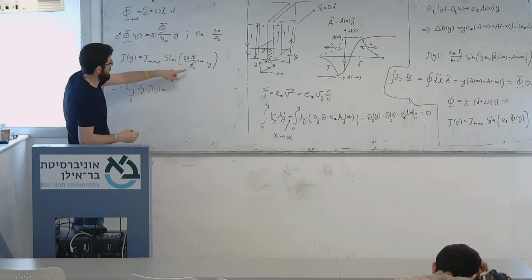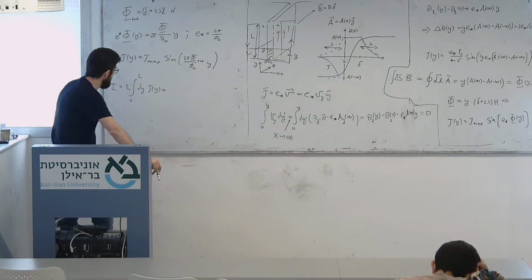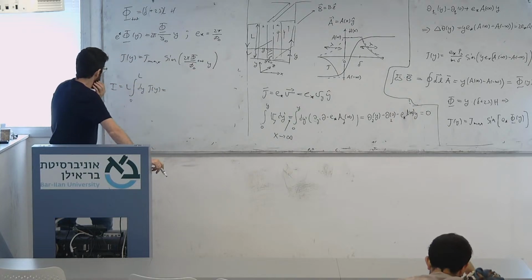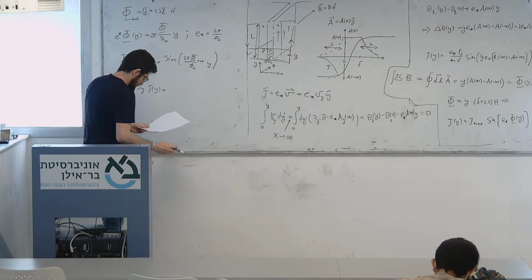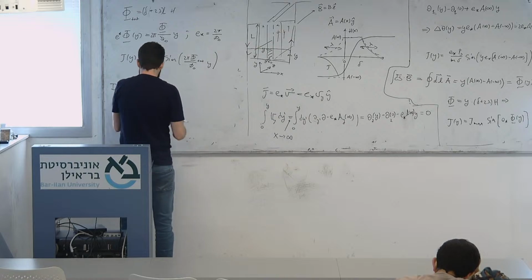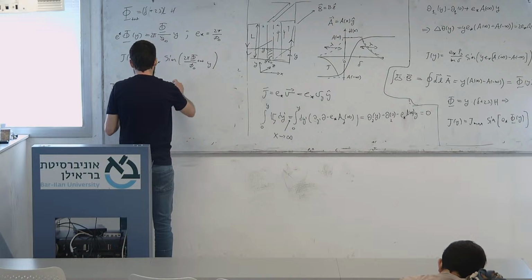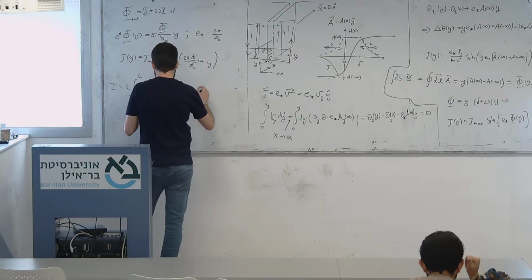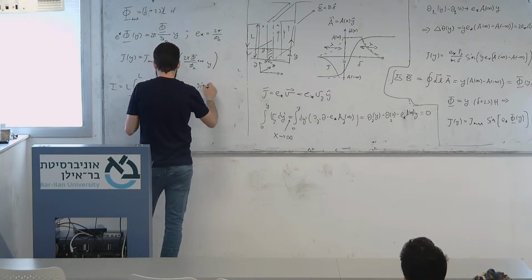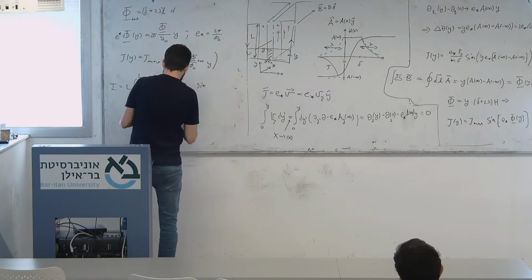And when you do that, what you basically get is the following expression. You get L squared J max sine of, oh wait, why is it pi?